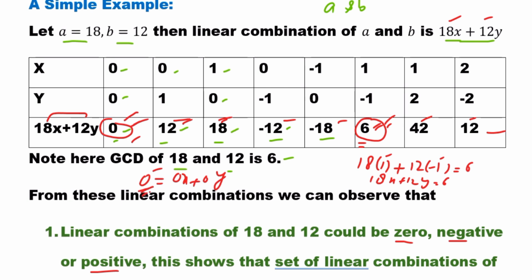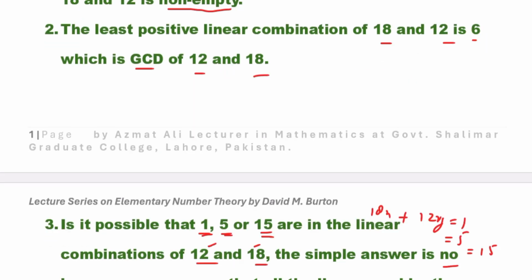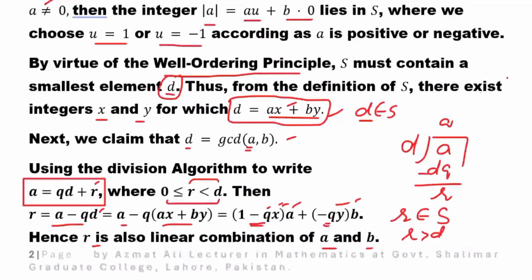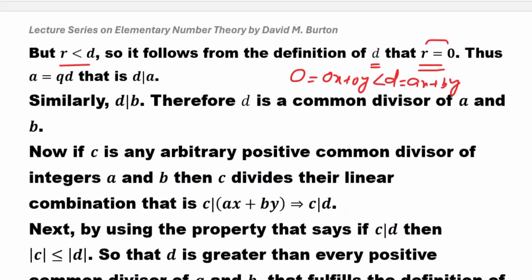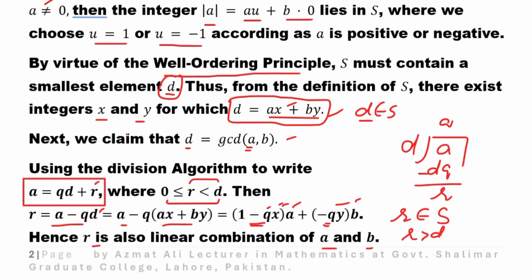This is not a positive linear combination. This is neither positive nor negative. So that's why the only possibility for r that we have written as a linear combination is 0. Thus when you put r is equal to 0 here, this becomes a is equal to qd.